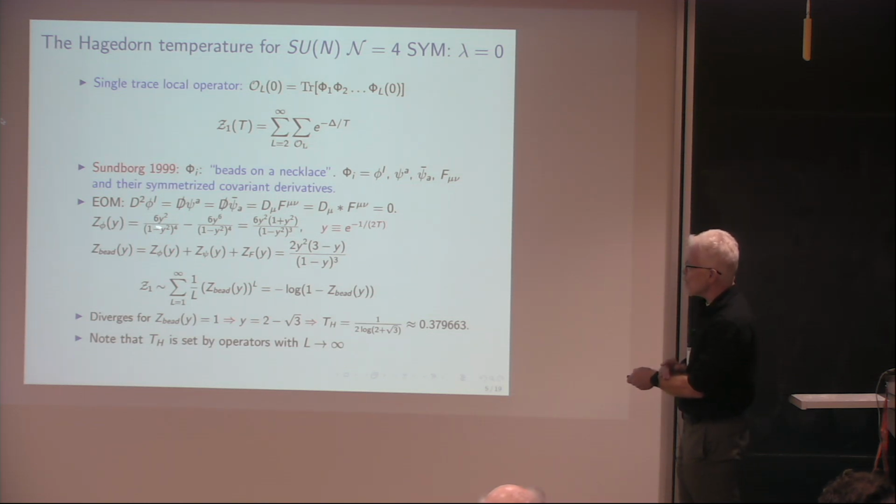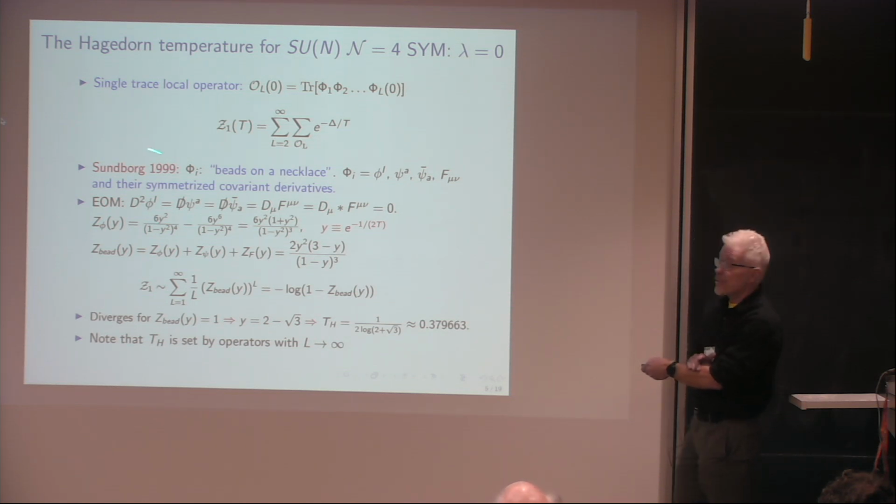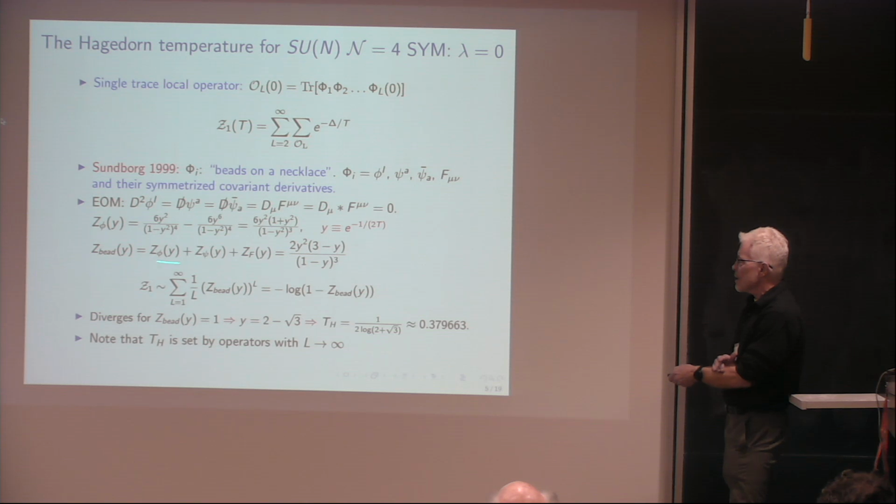And then I also have to take into account the part coming from the symmetrized covariant derivatives acting on this. And this gives us this term here. And this term here subtracts off the parts from the equations of motion, and we end up with this expression here. And you have a similar one for both the fermions and the field strengths. And you add up all these different partition functions for each of the beads, and you get this expression here.